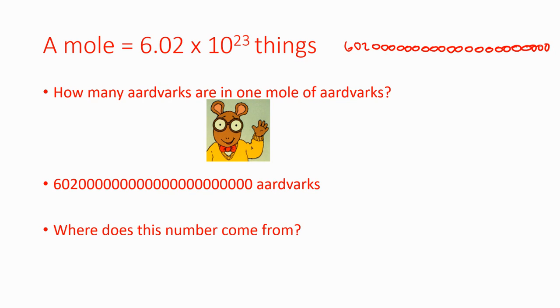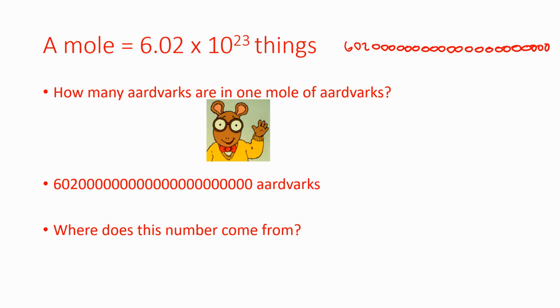How big is it? Well, it's really big. You can find all sorts of fantastic examples on the internet, but here are a couple of my favorites. If you tried to count from 1 up to 6.02 times 10 to the 23rd, you would die before you got there. Even if you counted by 1 million.